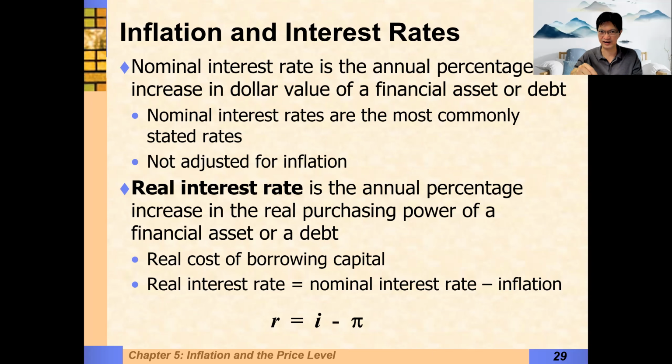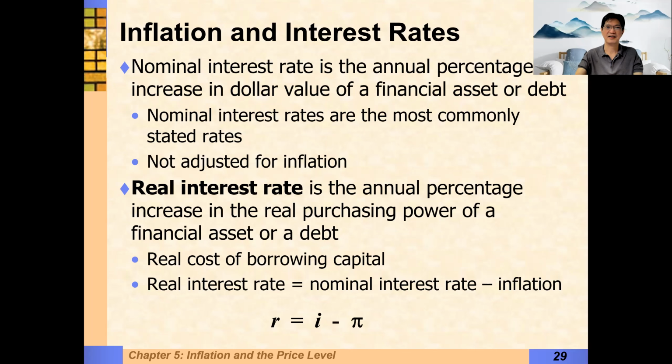Now, that interest rate, the one in the contract, is not adjusted for inflation. It doesn't reflect the true cost of borrowing. Inflation is prices are going up. Now, suppose the inflation is 10% per year, but the nominal interest rate, the amount that I pay them, is only 8% per year. Well, then, in a sense, I gain, right?